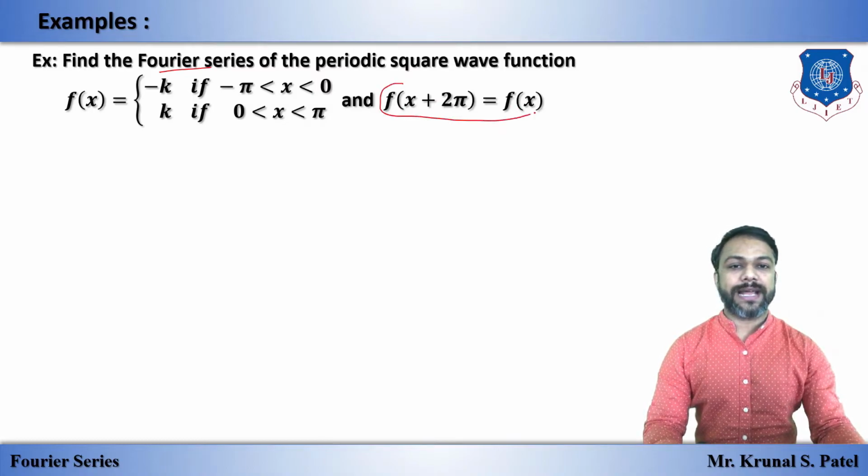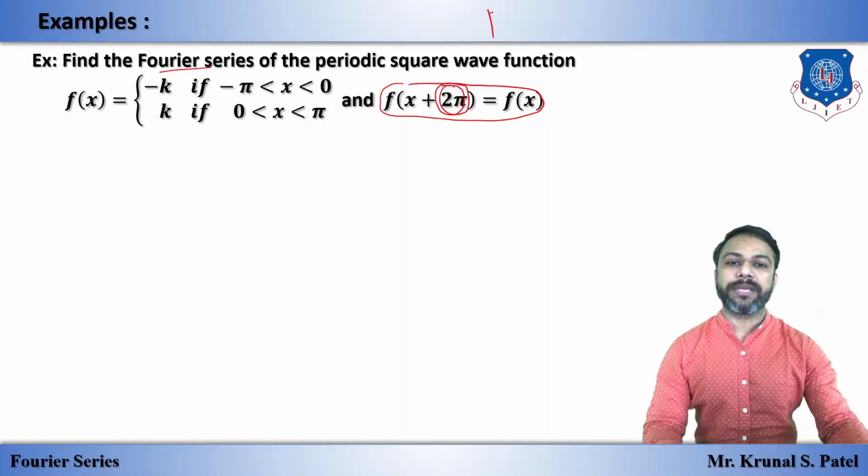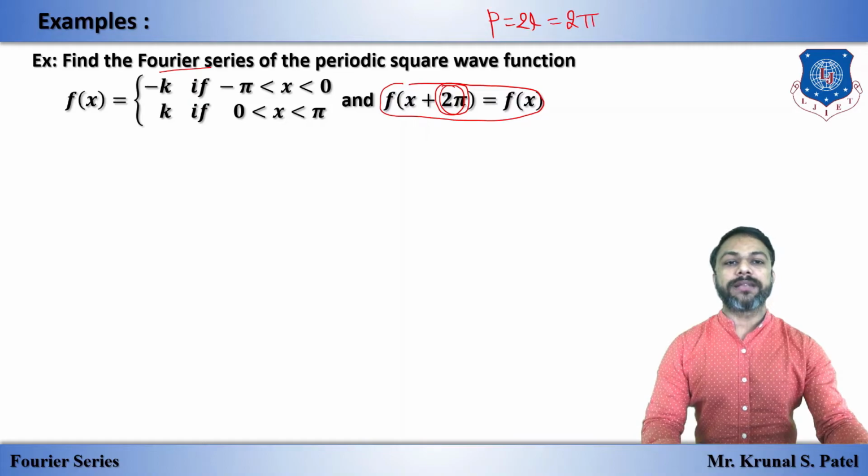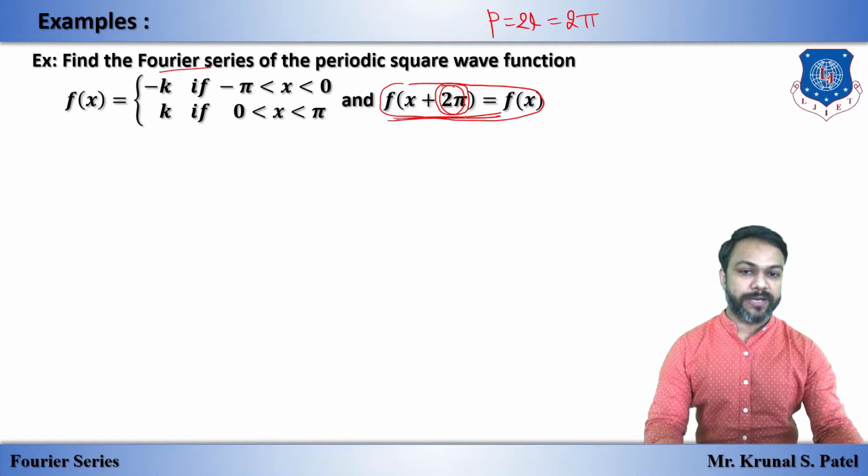This shows that f of x is a periodic function and its period p is equal to 2l is equal to 2 pi. Other than that, there is no use of this statement.